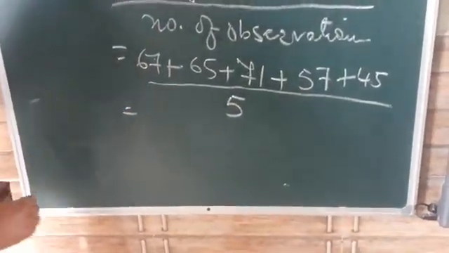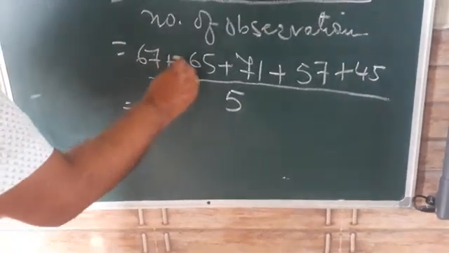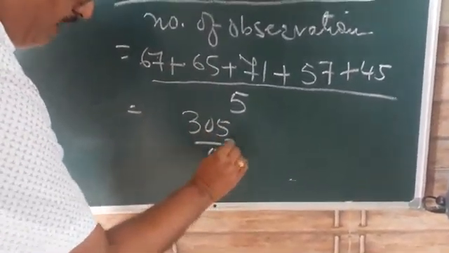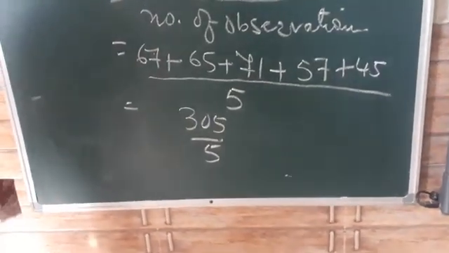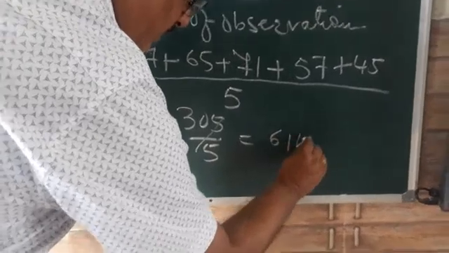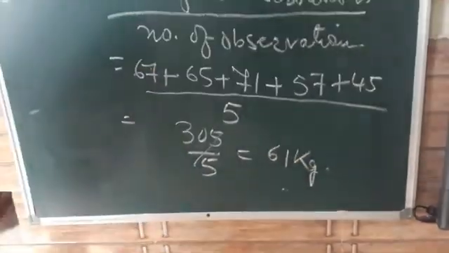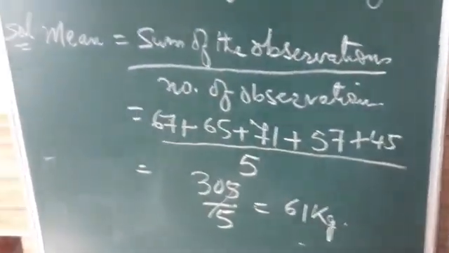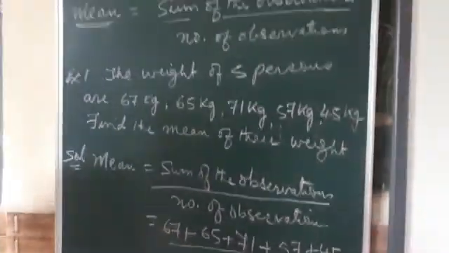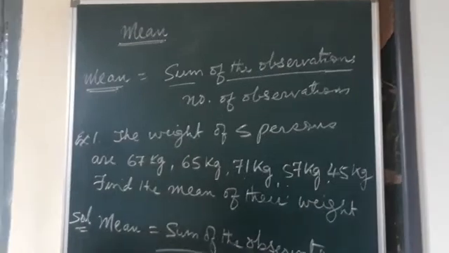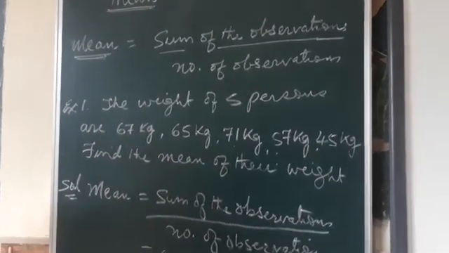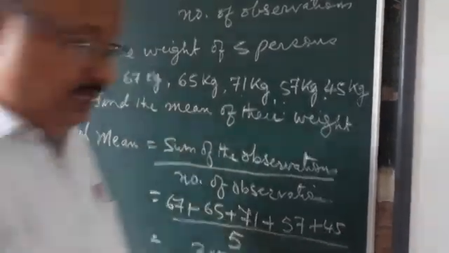So we add, and it comes to 305. So we cancel out, and it comes to 61. Correct? So the mean is the sum of the observations divided by the number of observations. So we add and then we find the sum of the observations. Clear? Let us take another example.